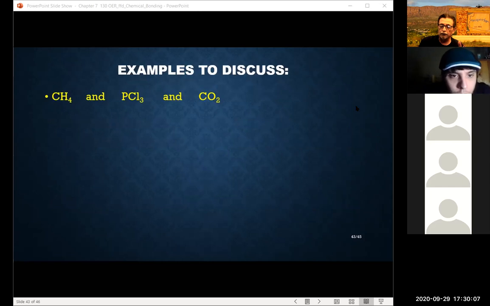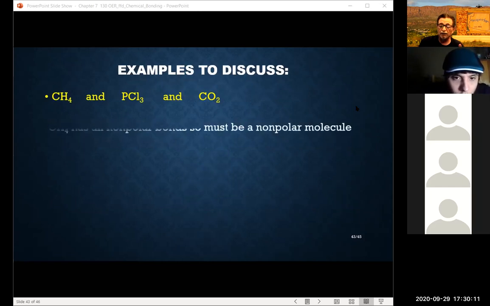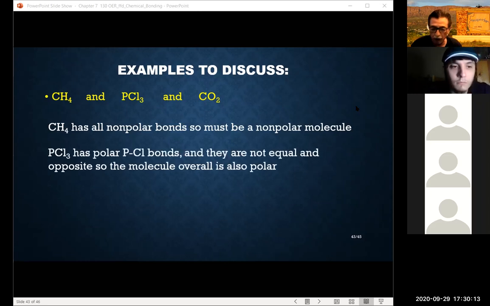Carbon, hydrogen, that's methane, all non-polar bonds. Boom, non-polar molecule. Now, carbon tetrafluoride, phosphorus trifluoride.